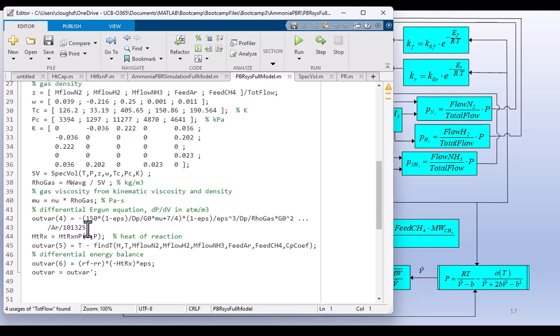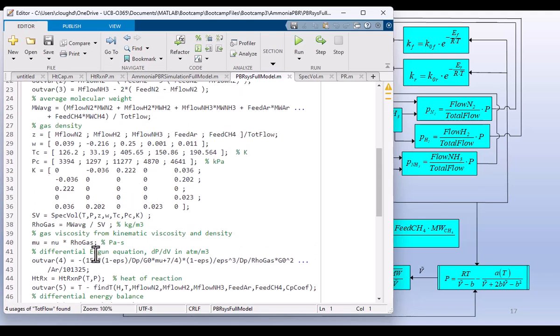And then the final down here is to find our heat of reaction just as we did before.